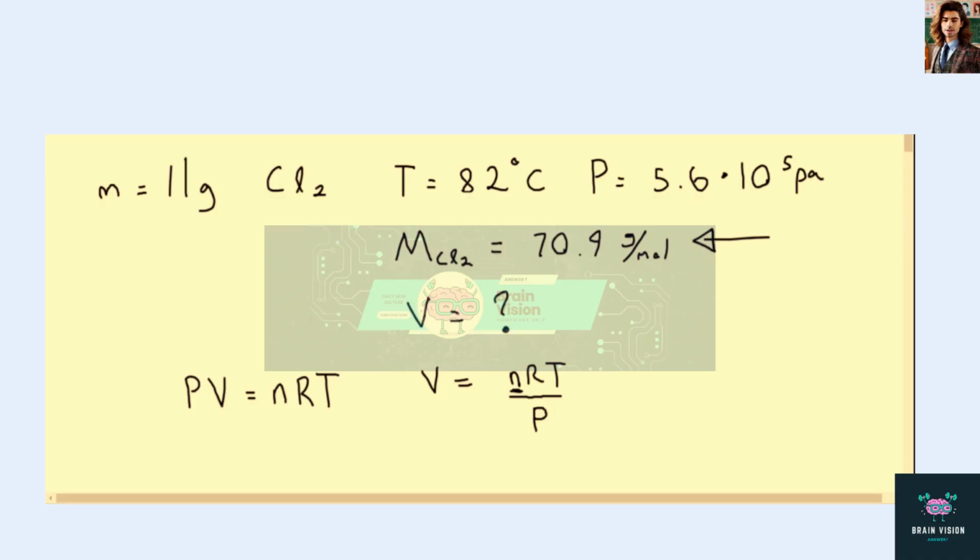So if you recall, that relationship is just m is equal to little n times M. So the total mass is just equal to the molar mass times the number of moles. So if we were to rearrange this for little n, we would have n equals little m over big M, where for us this is going to be for chlorine gas.